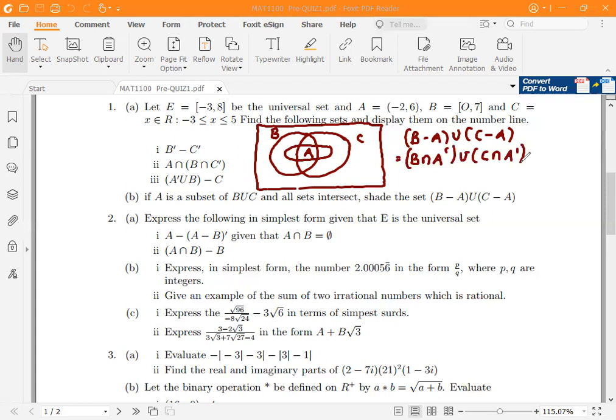So B intersection A complement is everything in B outside A. And then second, C intersection A complement is everything in C outside A.